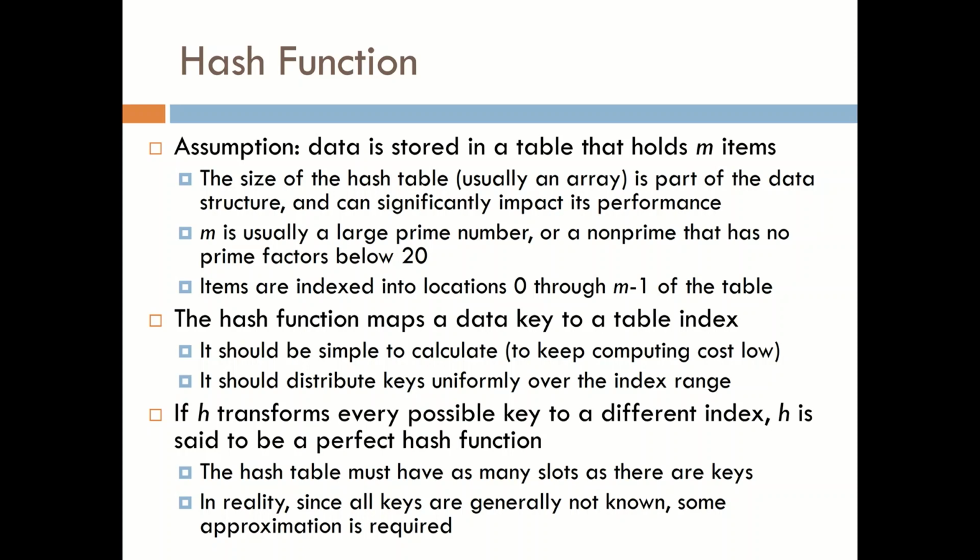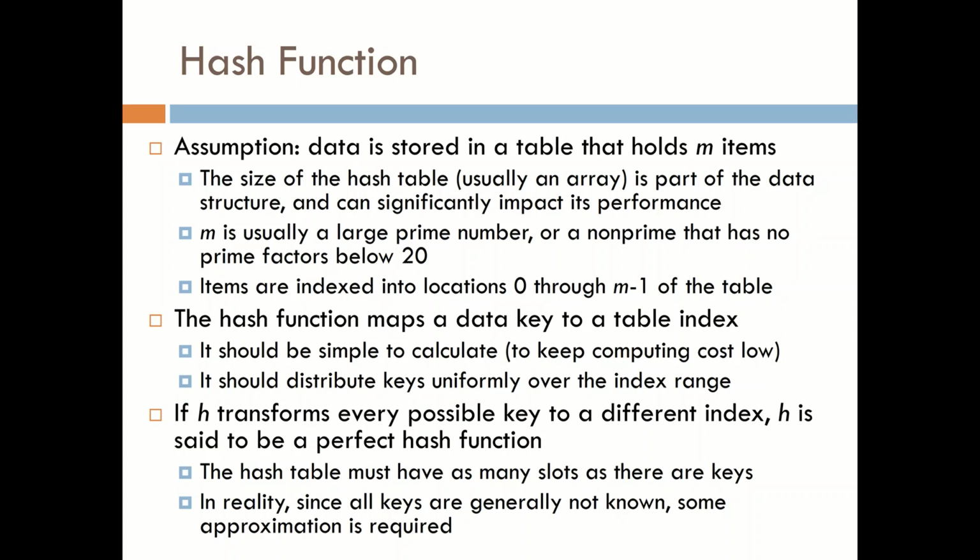And then we index the items into the table. Obviously, the index locations would be 0 through m minus 1 for m items. And then we'll just store them in the table.